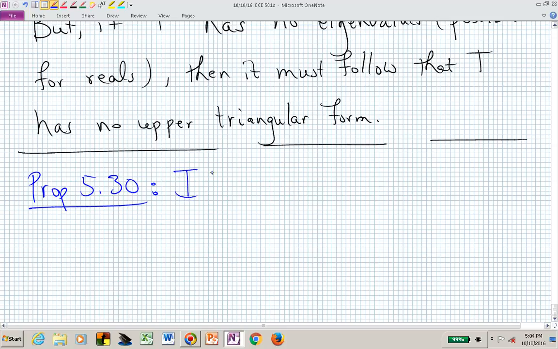Let's look at another proposition. Suppose now that we have this linear operator T, and this linear operator has an upper triangular matrix representation.